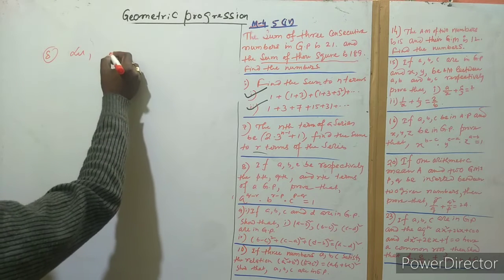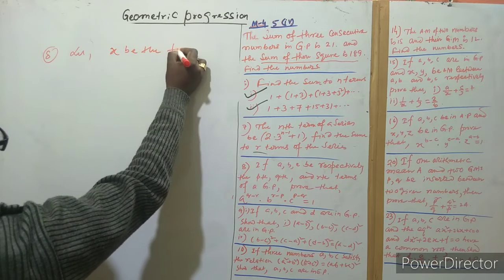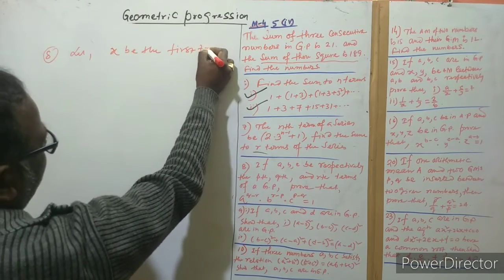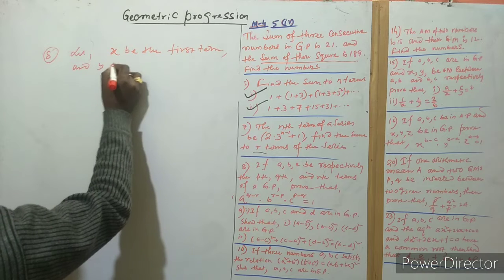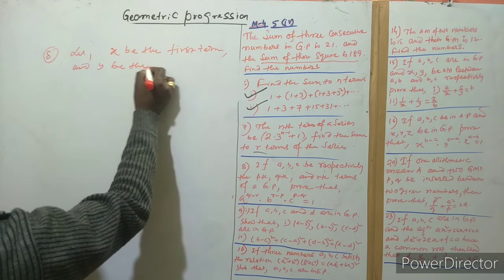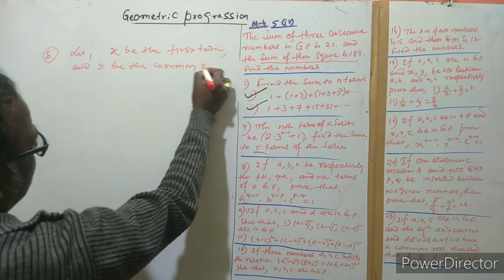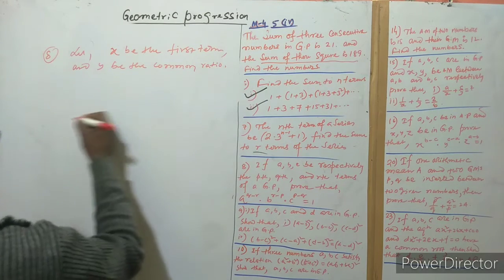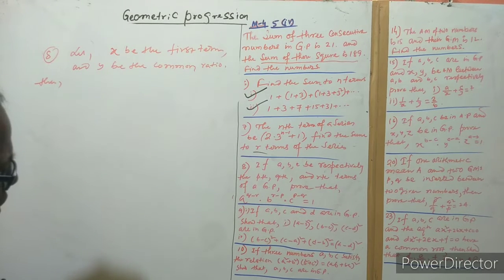So that's why let x be the first term and y be the common ratio. Then what can we write here?